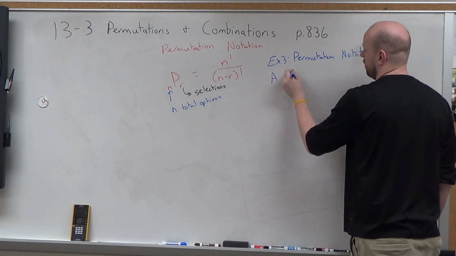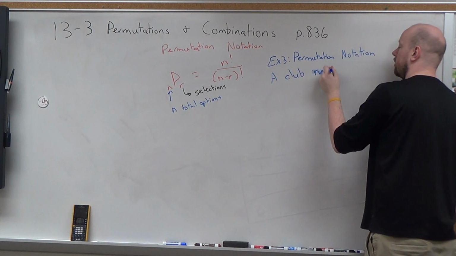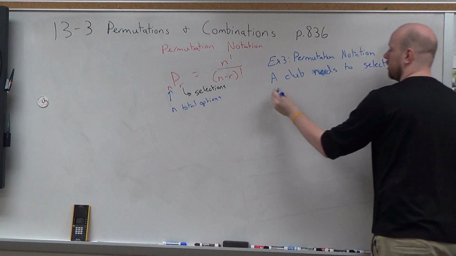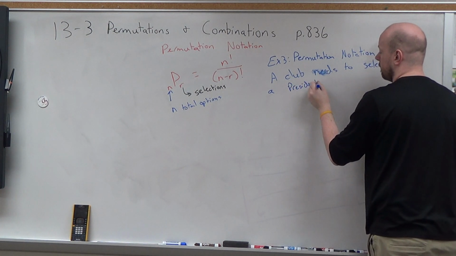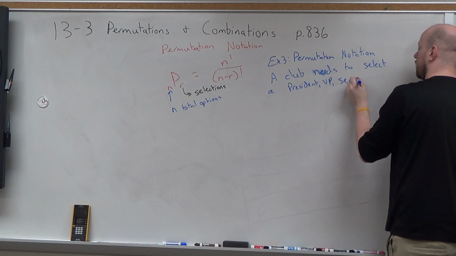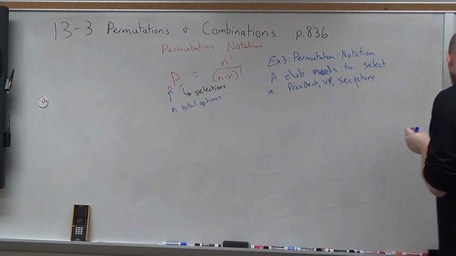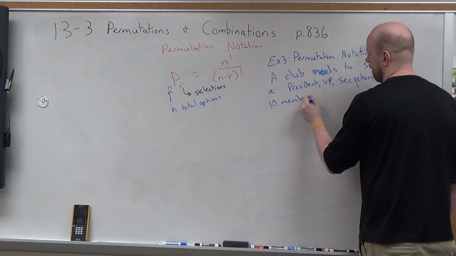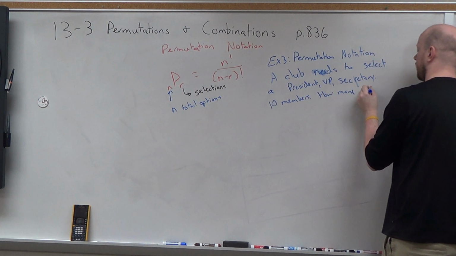A club needs to select a president, vice president, and a secretary. There are 10 members. How many arrangements are there?